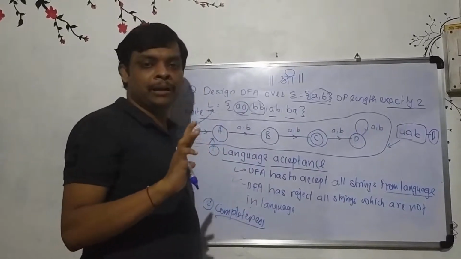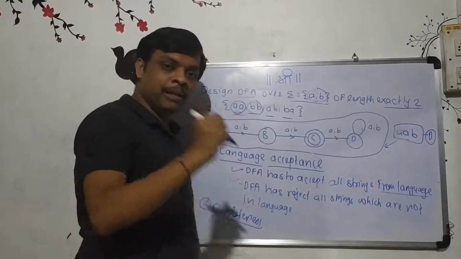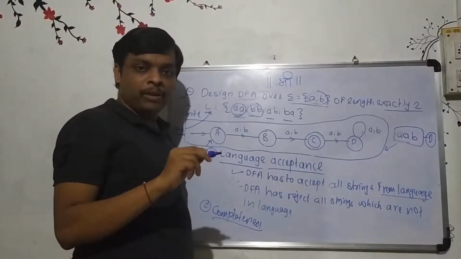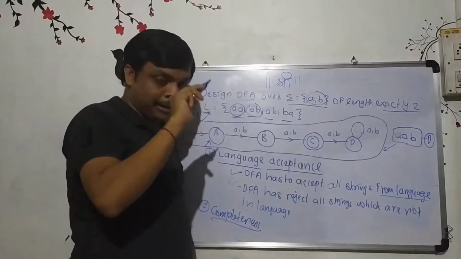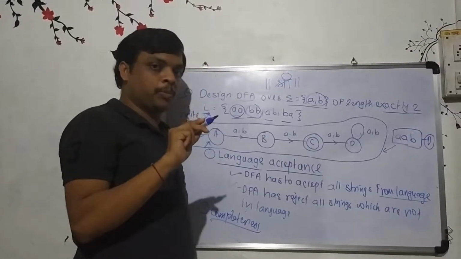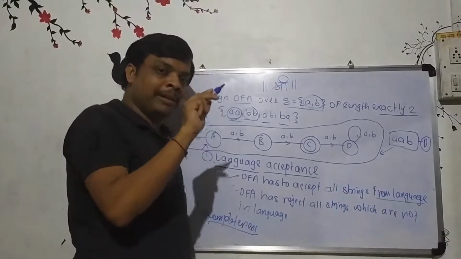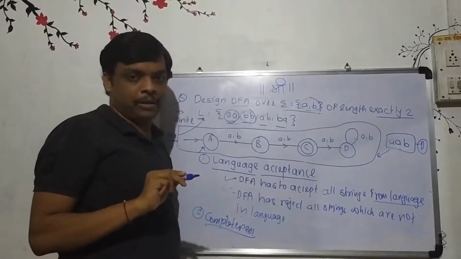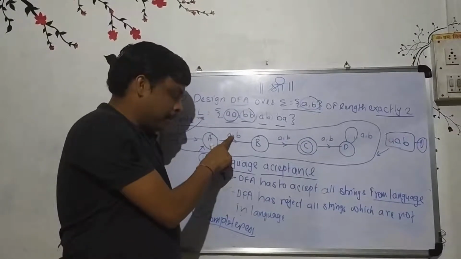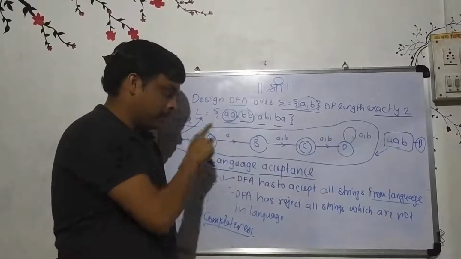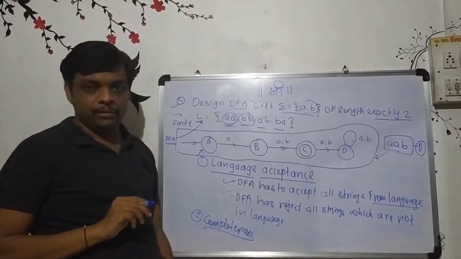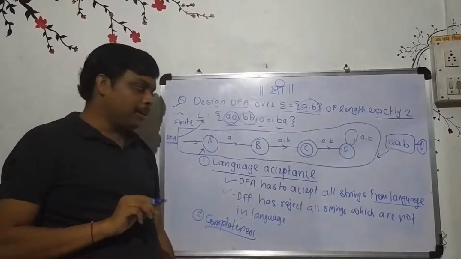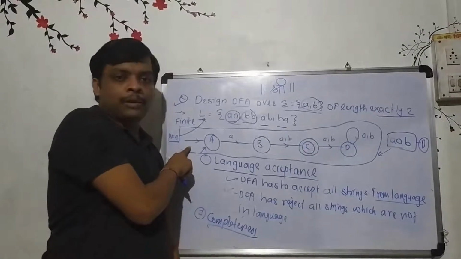And whenever you are designing your DFA, whenever you are drawing state, you have to take care of this point. From every state of DFA, there must be a path for every input. Okay, so if I make a modification in this diagram, if I remove B from this diagram, then this DFA is not a complete DFA.